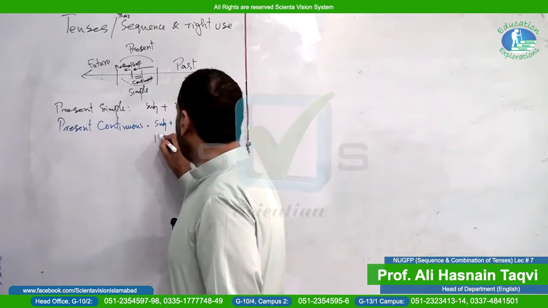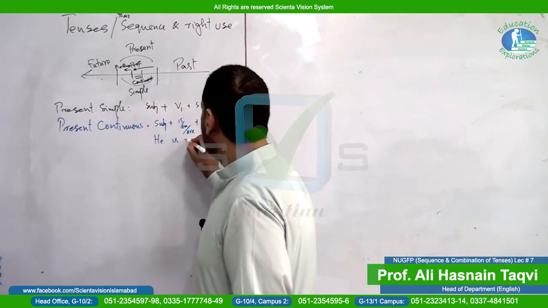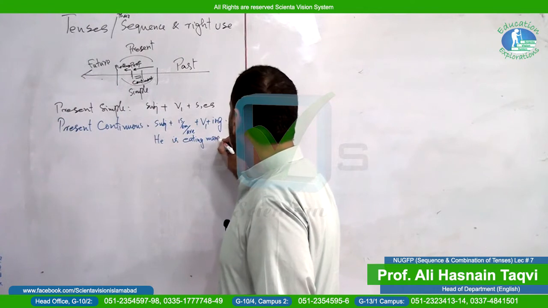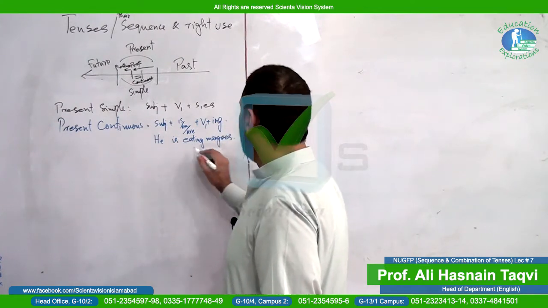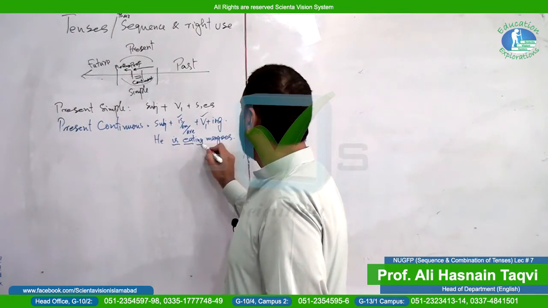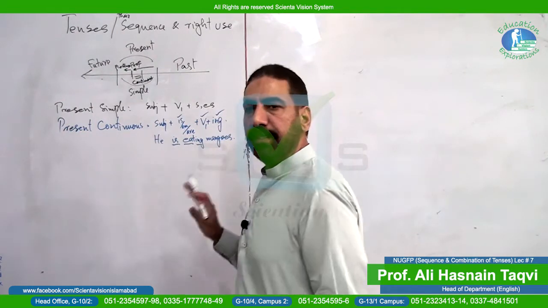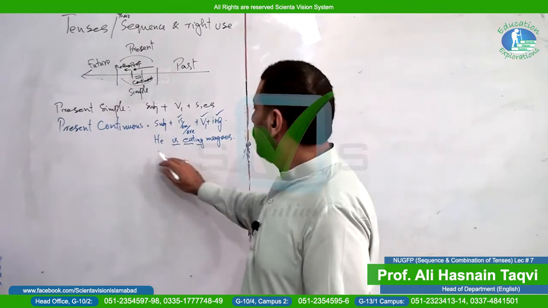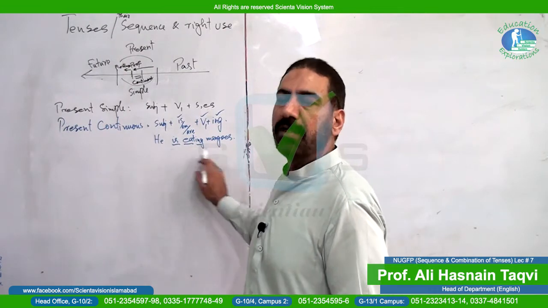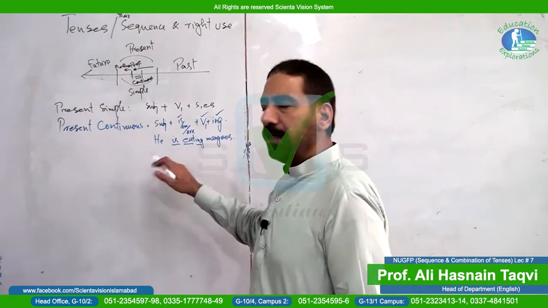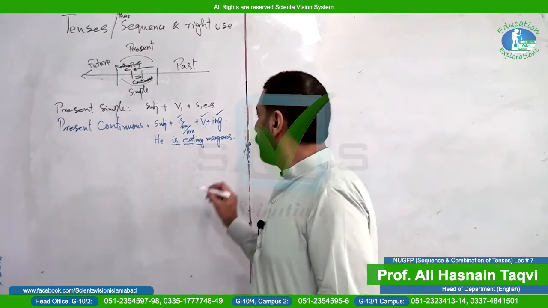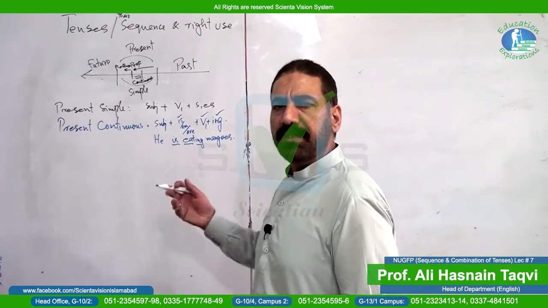So like, he is eating mangoes. Is, eat V1 plus ing. So rules are adhered to. This is a positive statement. For interrogative, is he eating mangoes? For a negative sentence, he is not eating mangoes. And for double interrogative, is he not eating mangoes? Or you may even say, isn't he eating mangoes?